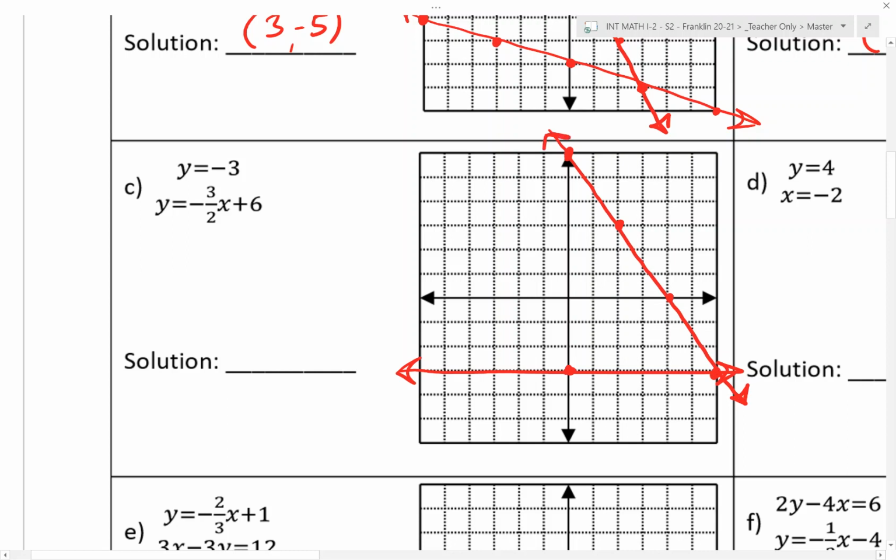Right on the edge, which is the point 6, negative 3. It is important, especially for situations like this where it's right on the edge of our graph, that you make sure you draw clearly, try to stay as straight as possible, and that way you can really see where those lines intersect.